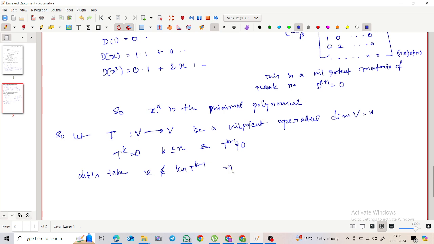Thus t to the power k minus 1 v is non-zero. So this set v, tv, and so on is linearly independent. We have done this, right? We have checked this before, that this set is linearly independent. Okay.